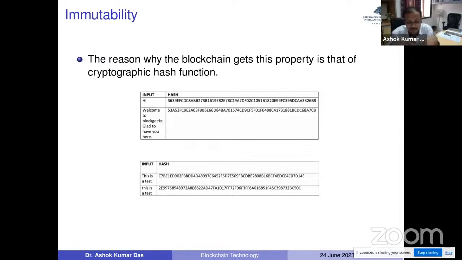Cryptographic hash functions are also known as collision resistant hash functions, because if we give you the output hash value, it is very difficult to determine the original input string for that hash value, since it is a many-to-one function. That's why they are known as one-way hash functions.